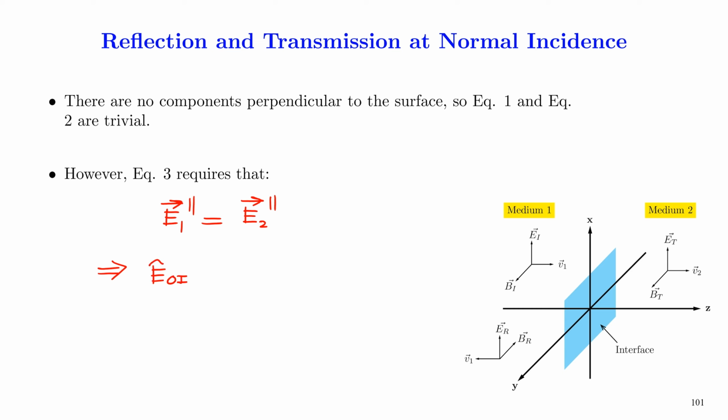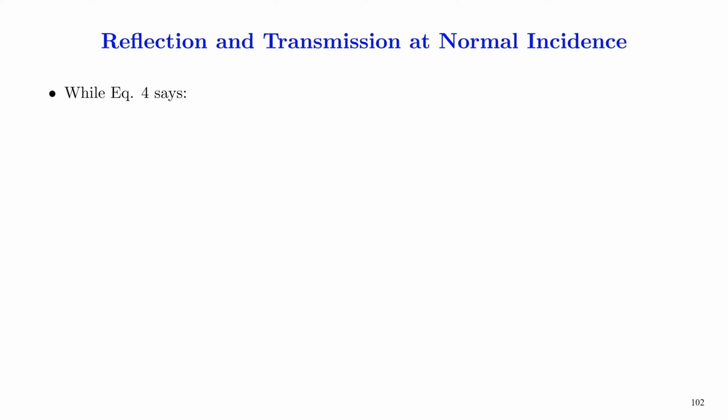E_0I plus E_0R equal to E_0T. This is also true for the magnetic field, which has a parallel component at the interface.